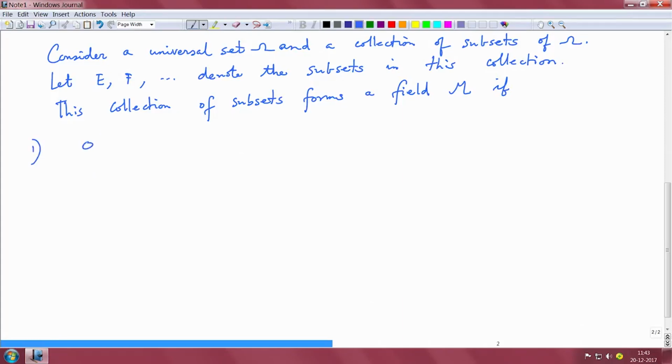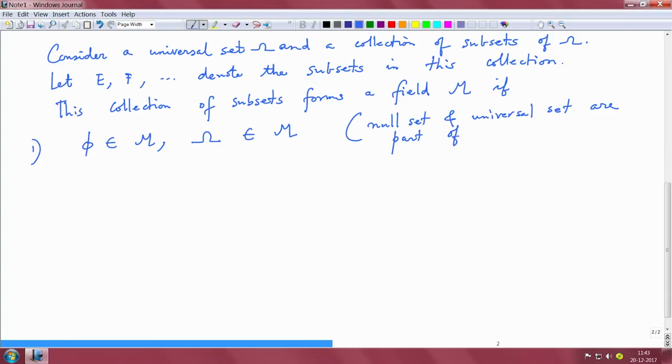So, the null set belongs to the field and the universal set belongs to the field, that is, the null set and universal set are part of the field.